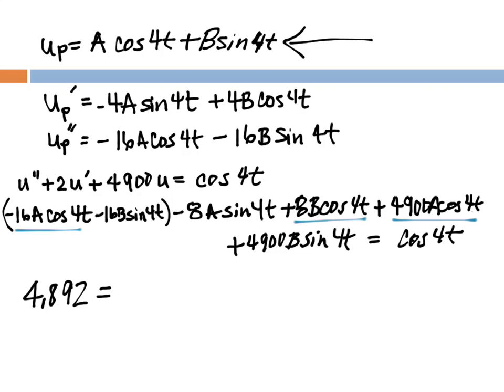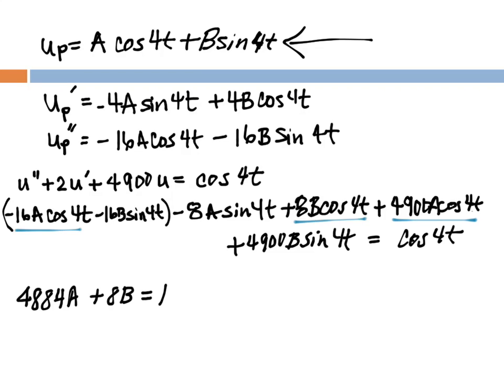Were they all A's? They weren't all A's. I can't combine them. Oh, shoot. Oh, man. No. I can combine a couple of them, right? All right, 4,900A and negative 16A is what? 4,884A plus 8B equals 1.